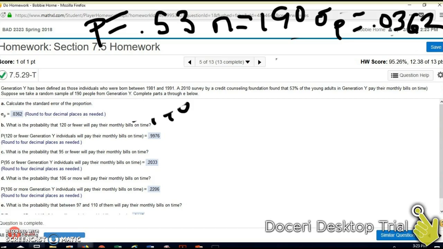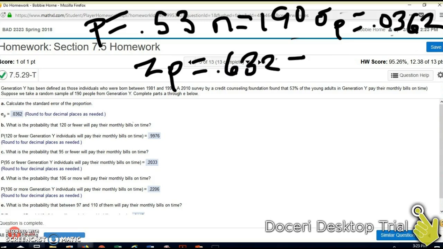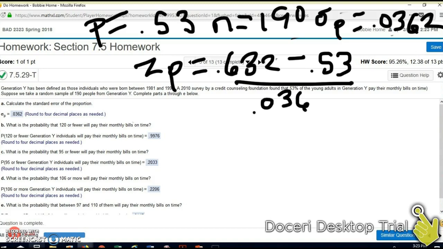So to calculate our Z, it would be 0.632 minus our proportion of 0.53 divided by the standard error, which is 0.0362. If you calculate that, you will get 2.82 for Z.